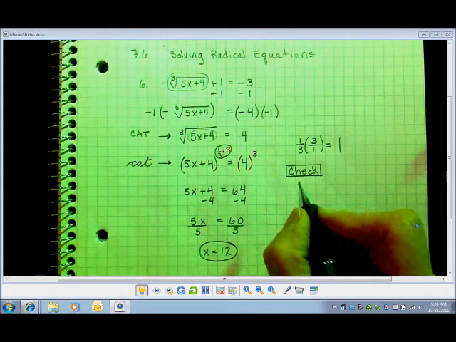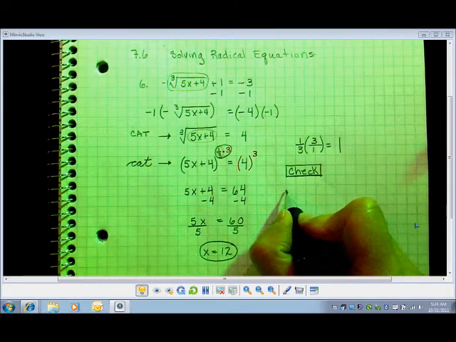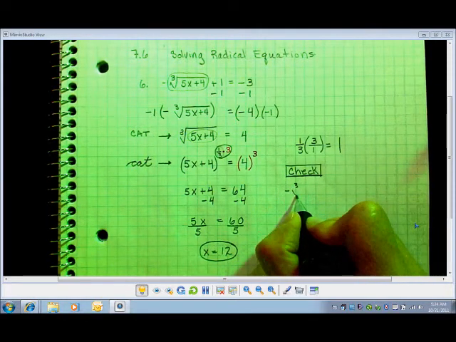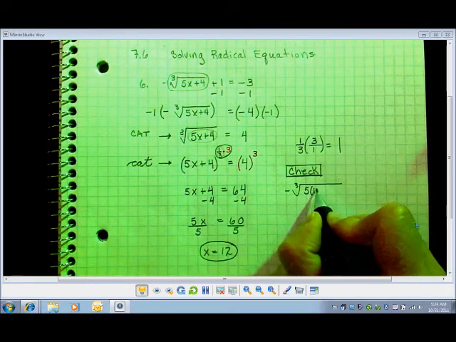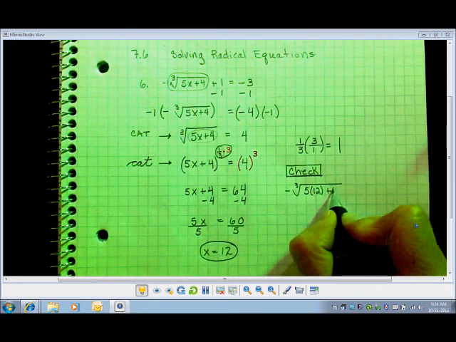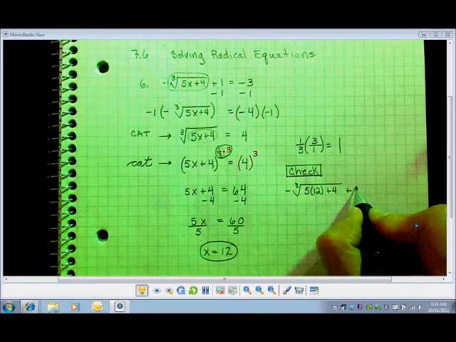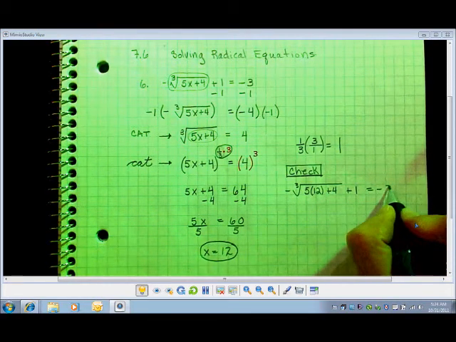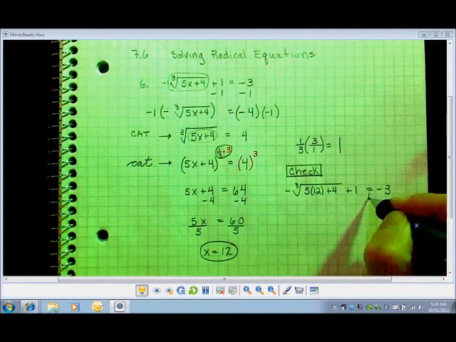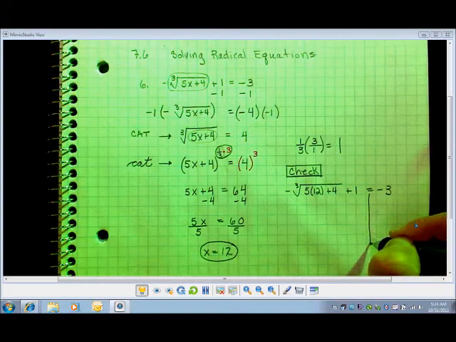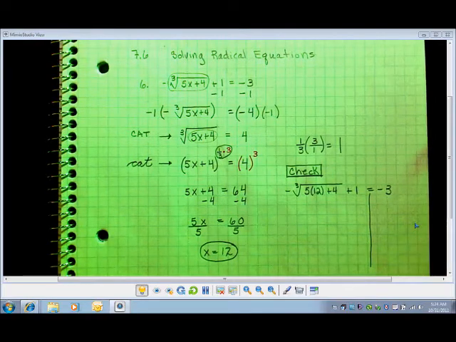So I have to go back to my original problem, which was negative cubed root of 5x, but in this case we're going to put in 12 instead of x, plus 4, plus 1 equals negative 3. I have to keep everything on the left to the left and everything to the right on the right. I cannot cross that line.